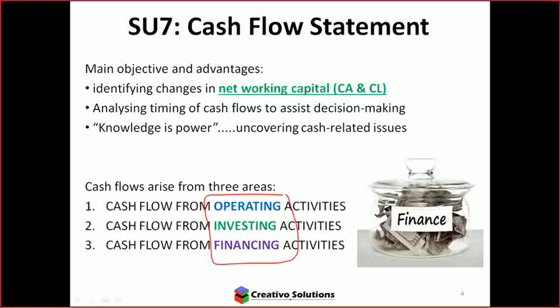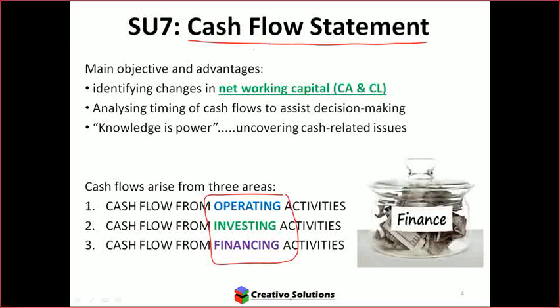Because when dealing with bank or cash, it is either going to be used for operating, investing, or financing purposes, and that needs to be communicated to the users in the statement. So the cash flow statement is just a breakdown of where money's coming in and where money's going out. That's all it is. And then you've obviously got to draw up the different sections as required by the question.